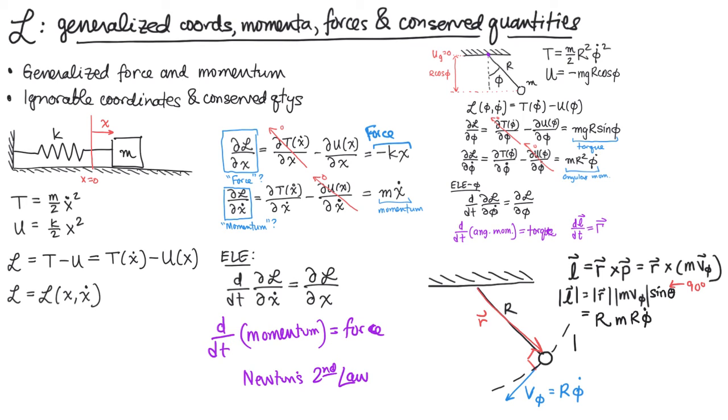So we have the angular momentum is given by m r squared phi dot. Okay, that's exactly what we said the angular momentum was up above. All right, so this shows us that, yes, indeed, this term is the angular momentum.